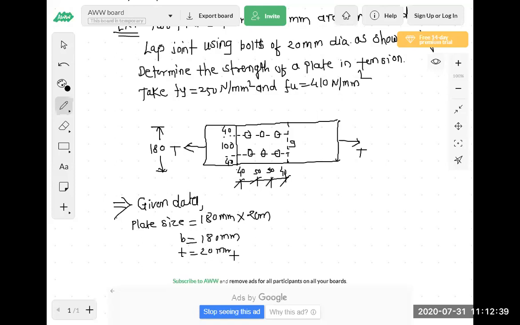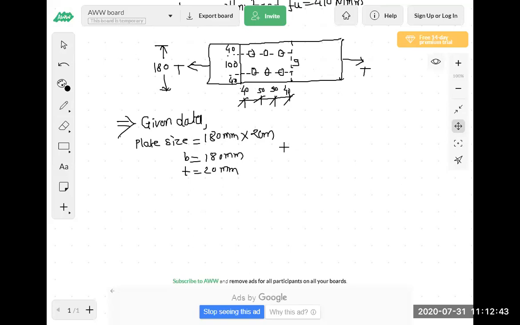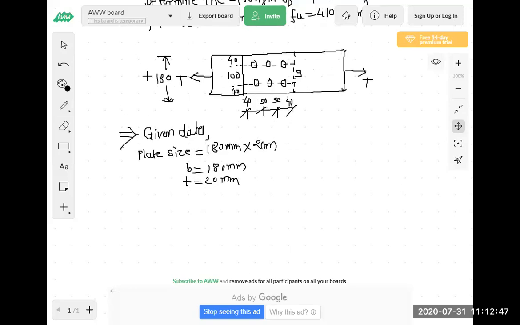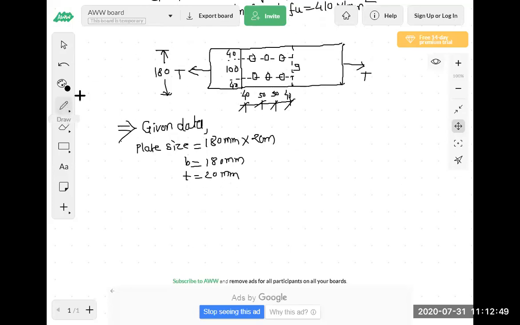Are you getting? Plate size is 180 by 20 mm given. So this width of plate is B, B is equal to 180 mm, and thickness is in this direction. Here thickness is 20 mm they have given.